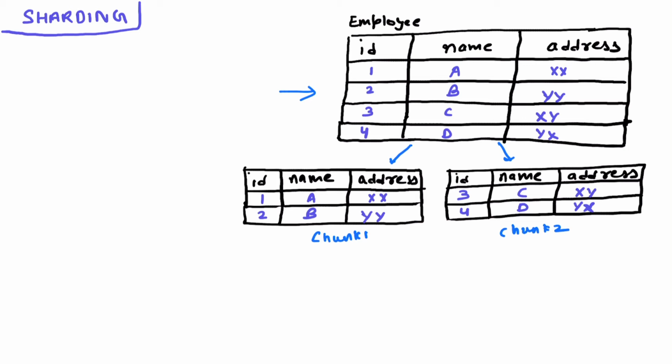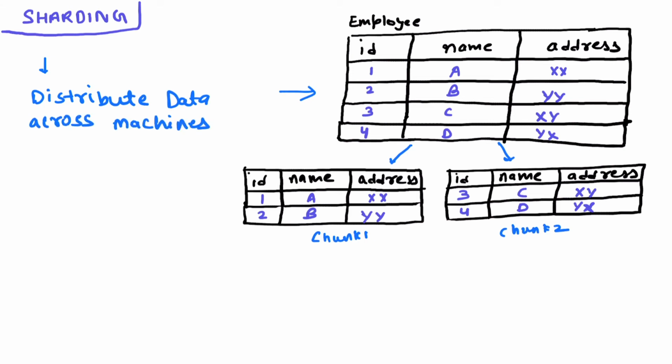Sharding is a mechanism or architecture to distribute your data across different machines. Now these chunks are called shards. So this is my shard 1 and this is my shard 2.